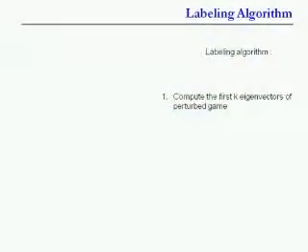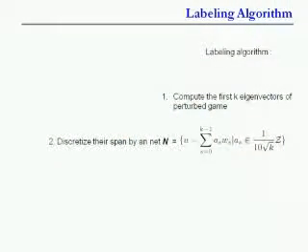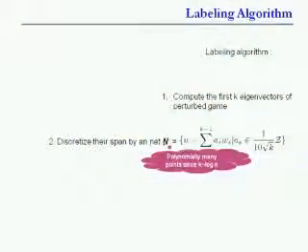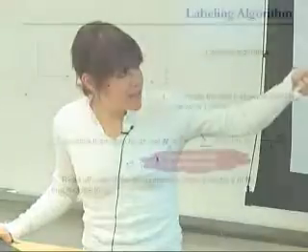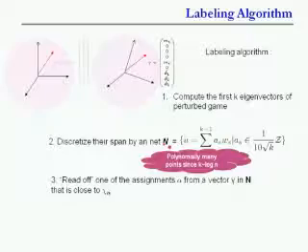So we have a labeling algorithm. Compute the first k eigenvectors of the perturbed game, and discretize the span. Since k is about log n in the application that we're looking at, this has polynomially many points. And basically, as I said before, there is a vector in this epsilon net that is close to an assignment vector.